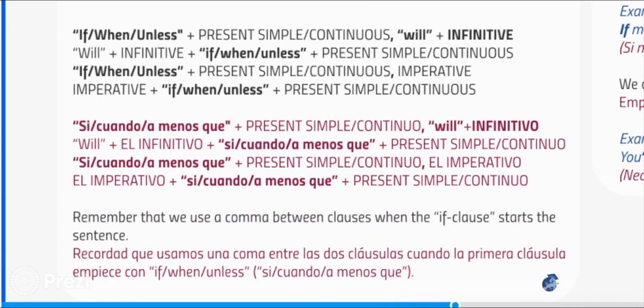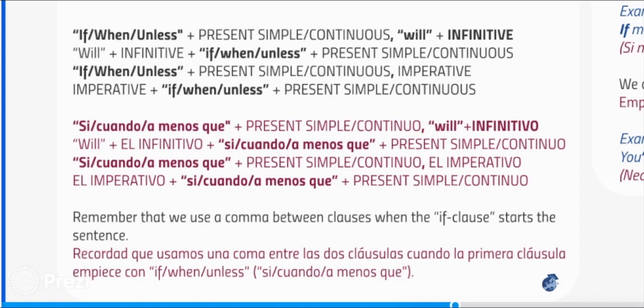If, or when, or unless, plus the present simple or the present continuous, comma, will plus the infinitive.